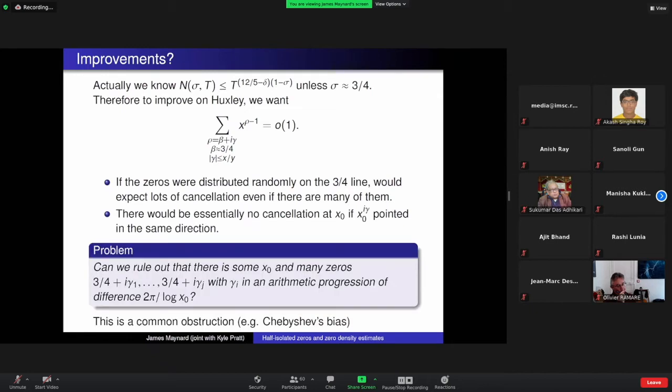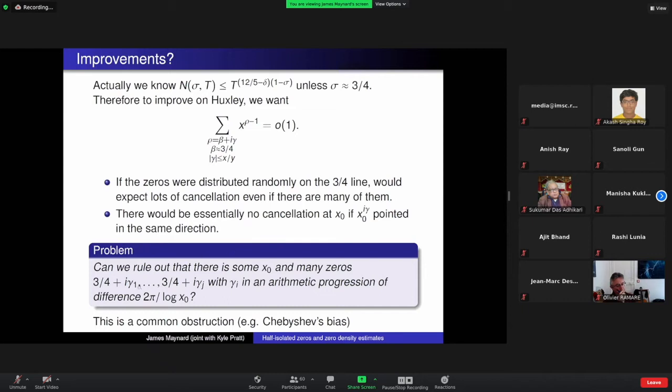So in particular, there's a very clear obstruction to making any progress, which would be the problem of there being lots of zeros on the 3/4 line in a particular arithmetic progression. So sets of zeros in arithmetic progressions on the 3/4 line would be a very strong way of obstructing progress on primes in short intervals and lots of other related results about primes.